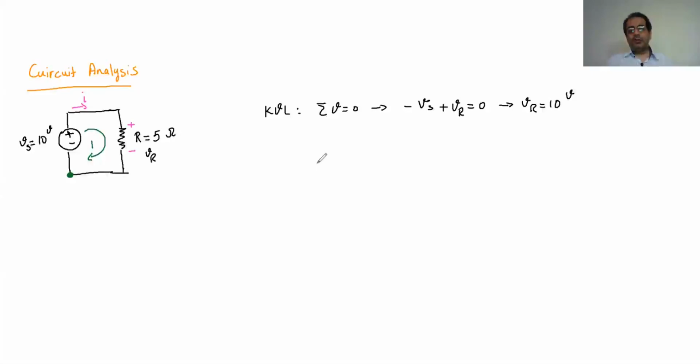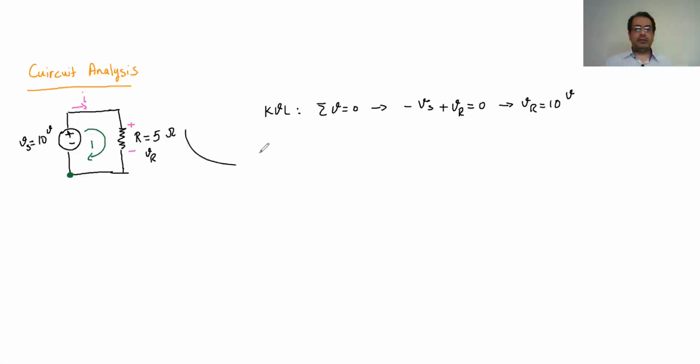So to find the current that goes through that element, the easiest way is to use Ohm's law. The equation that we just used is V is equal to IR. For the resistance, we know that the voltage and current in the resistance are proportional, with the resistance value as the constant.